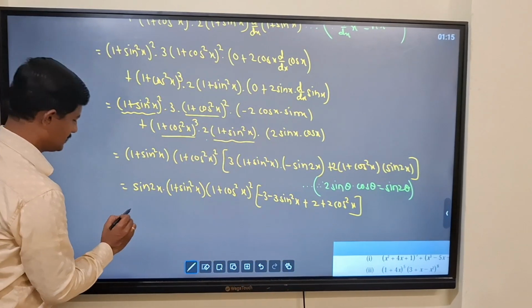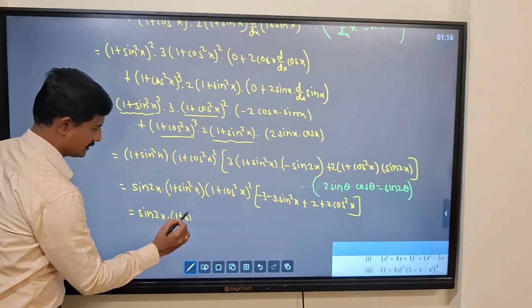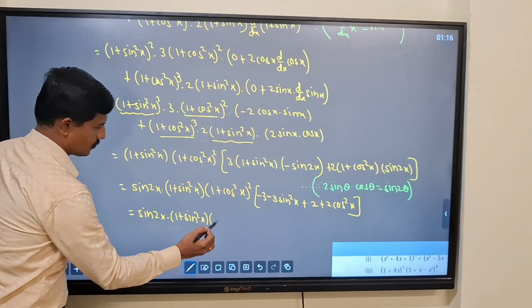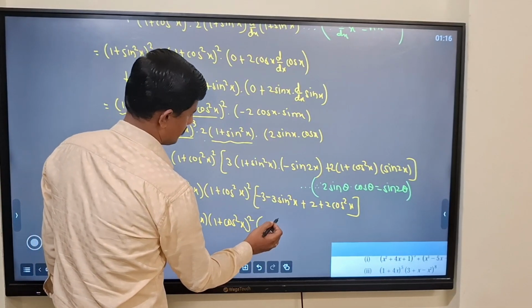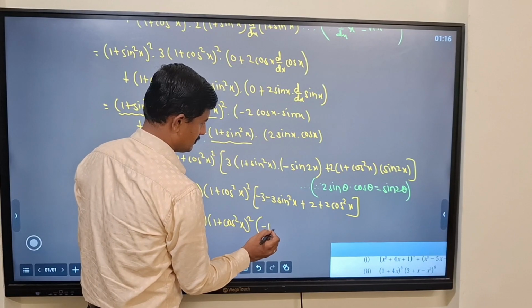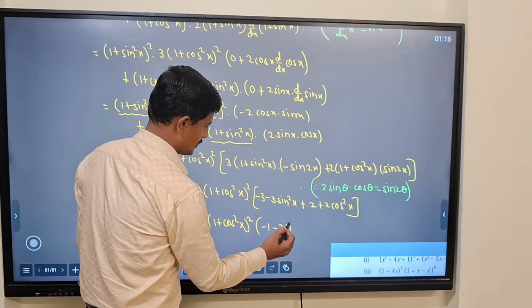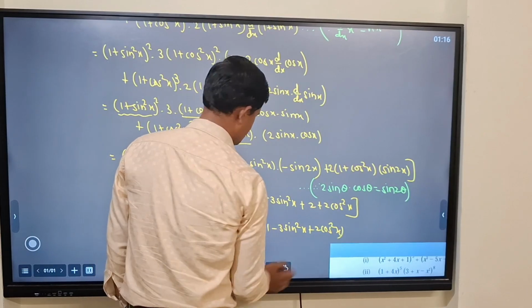At last that term becomes like this: sin 2x into (1 + sin²x)(1 + cos²x)². Now this becomes minus 3 plus 2 is minus 1, minus 3 sin²x plus 2 cos²x, and this is your answer.